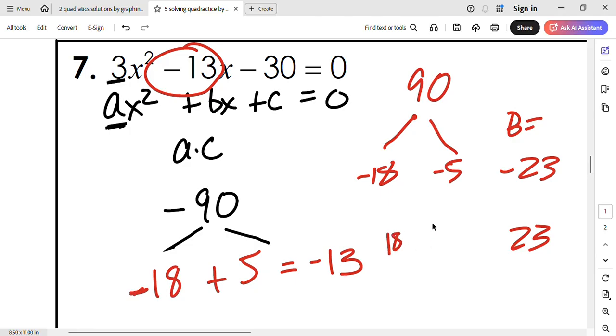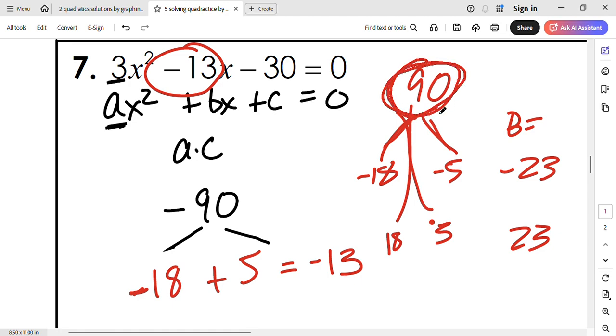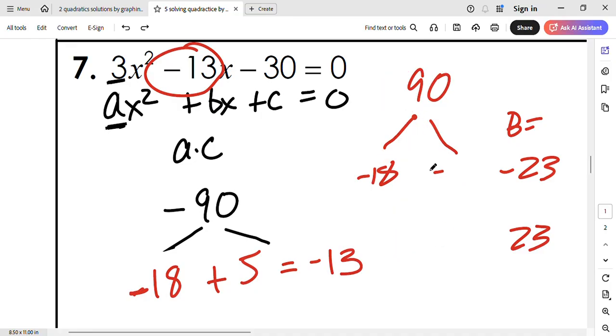If it's positive 23, I want to do 18 and 5. But both of these will multiply to 90. Think about that for a second, absorb it. So if you have a positive AC value, you could make both of them negative or both of them positive. Because negative times negative is what? Positive.